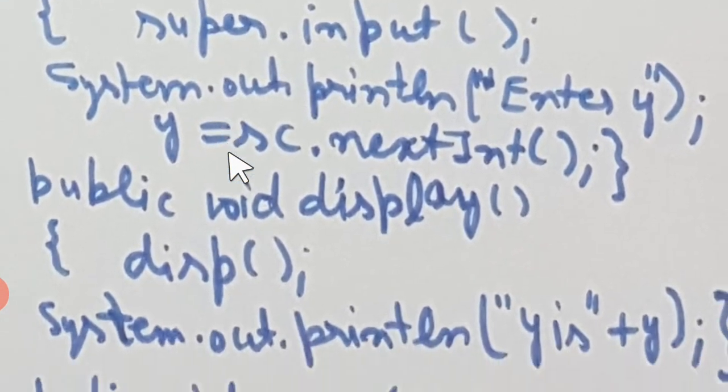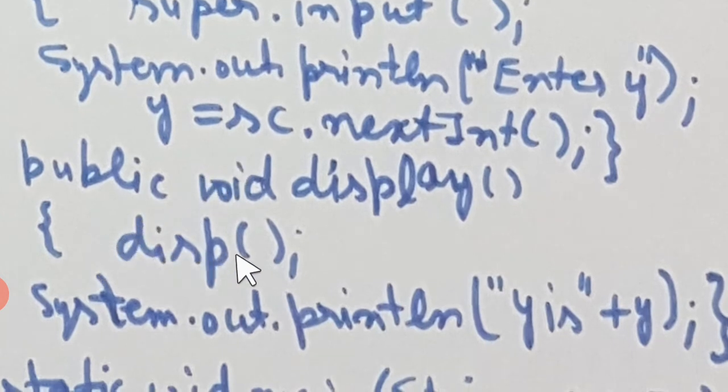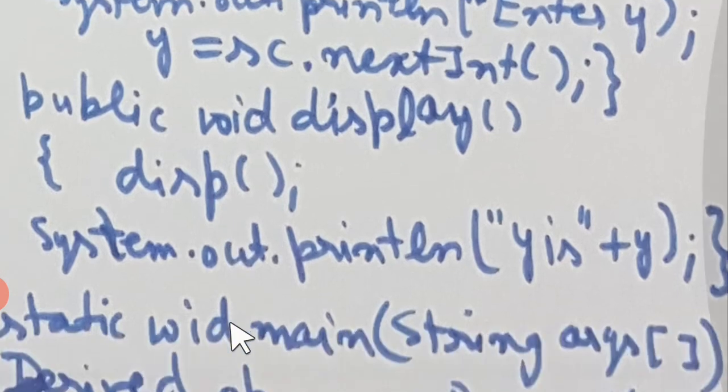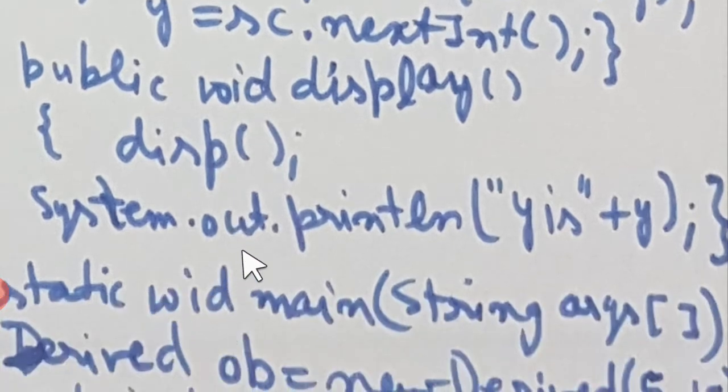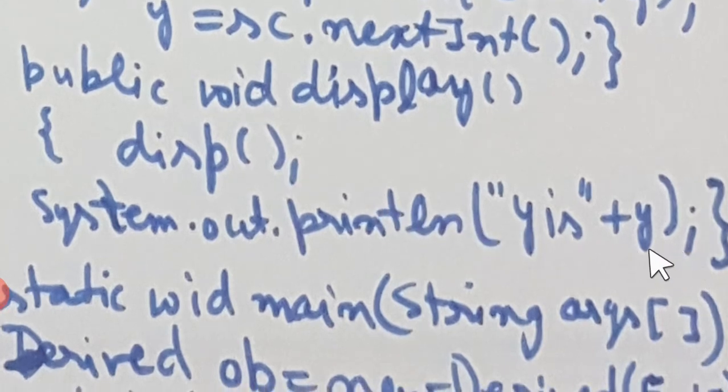Because of this, we don't have to write super.disp. We just write disp parenthesis semicolon. After that, System.out.println y is y. So the data of y will be displayed. Through disp, x will be displayed, and through this statement, y's value will be displayed.